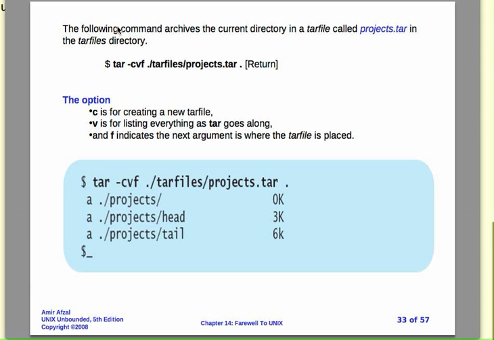So this command archives the current directory into an actual file in your workspace, in your directory space, and this particular command is saying create, in verbose mode, this tar file, that is /tar/projects.tar, and create a copy of everything in the current directory.